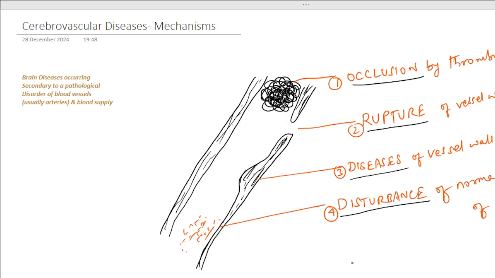Anything it could be. So these all are the mechanisms which result in ischemia, infarction, or hemorrhagic disruptions.